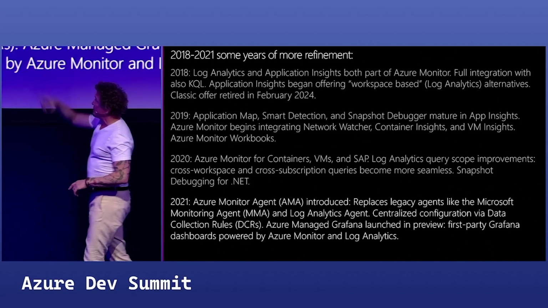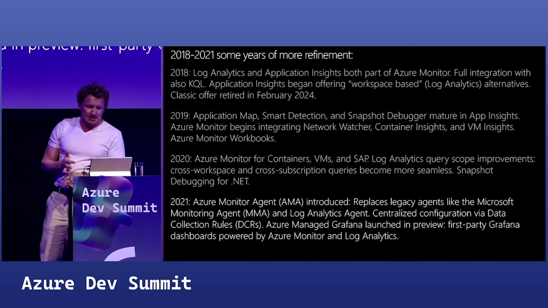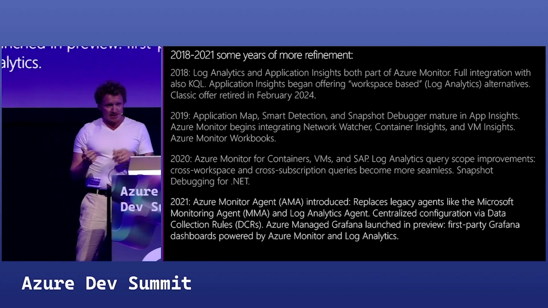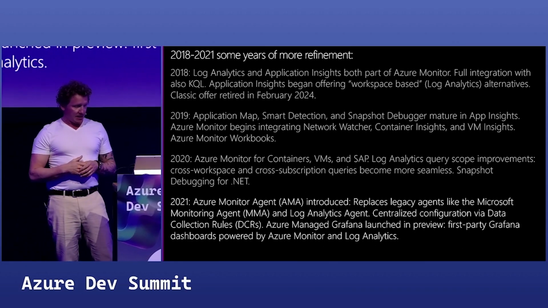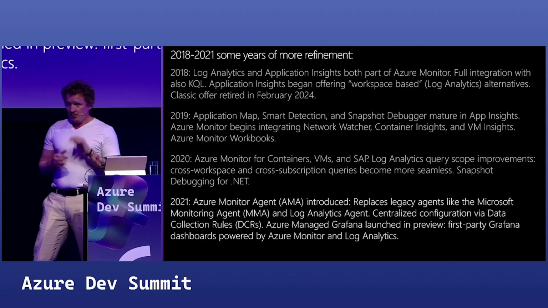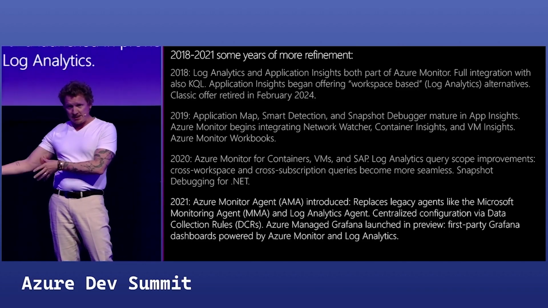That was the one that replaced the MMA, the Microsoft Monitoring Agent, and the Log Analytics Agent, right? But nowadays, we only use this new unified agent, the same for everything, the Azure Monitor Agent, right? A few more things in the rear view before we dive into the service groups and then the health models.